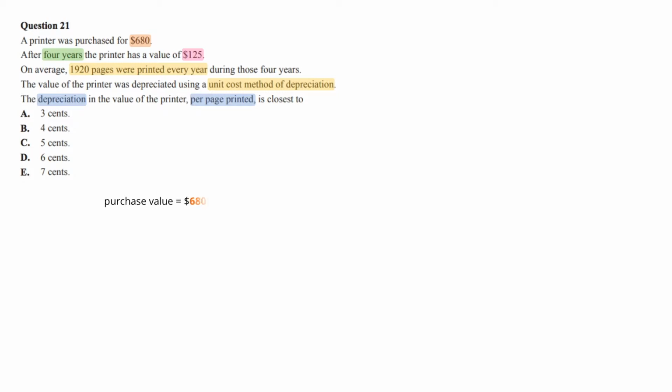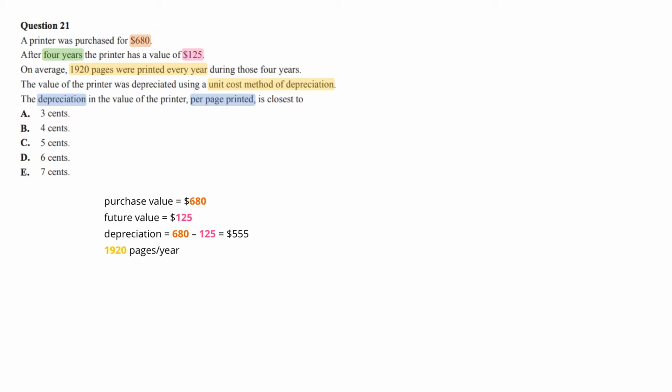Now let's start with the purchase value, 680, and the future value, which is 125. This gives us a depreciation of 680 minus 125, which is $555.